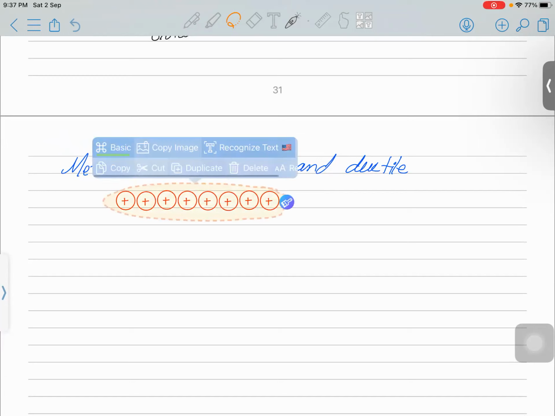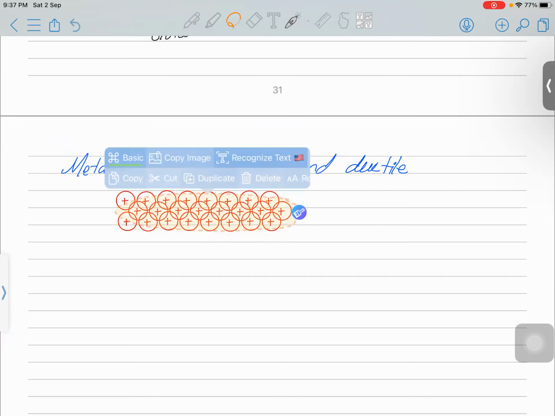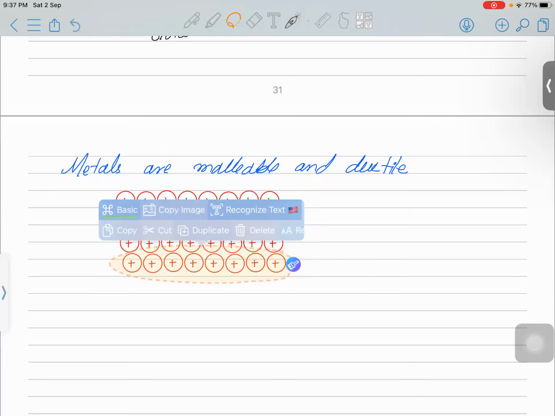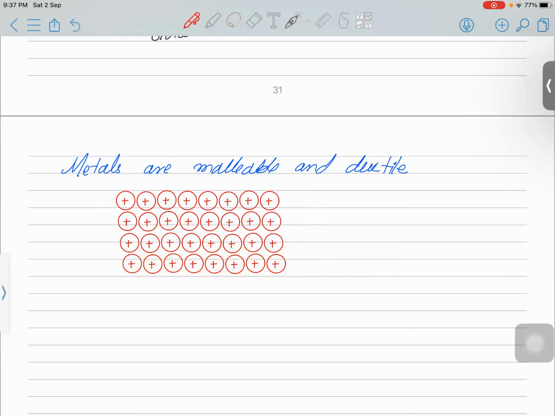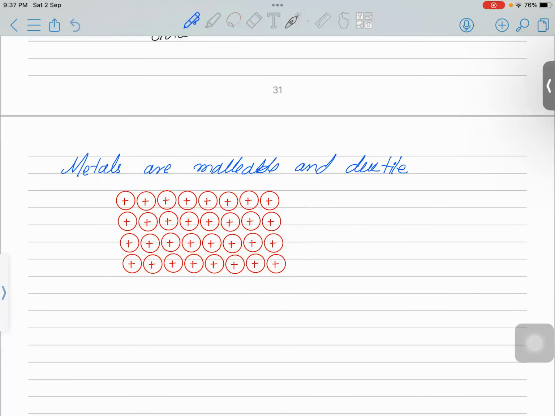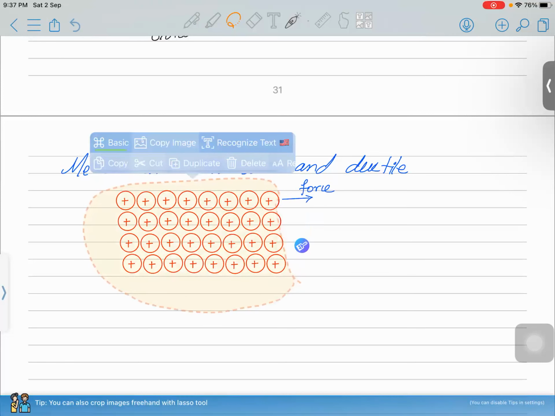So this is a layer of positive ions. When you hammer it or drag the layer, when you apply force, this layer moves.